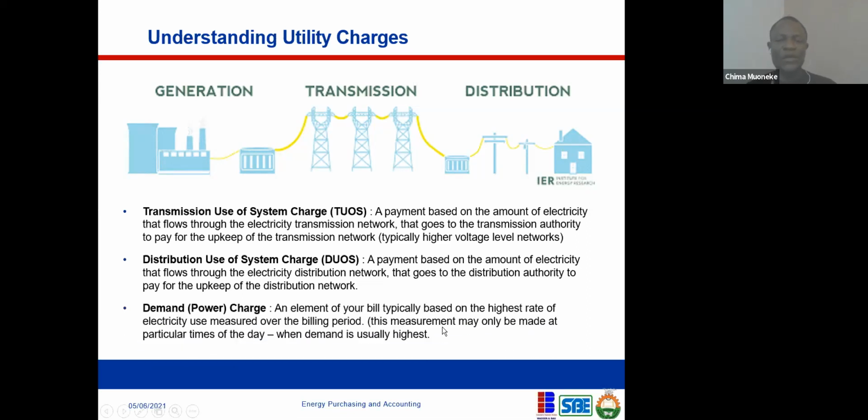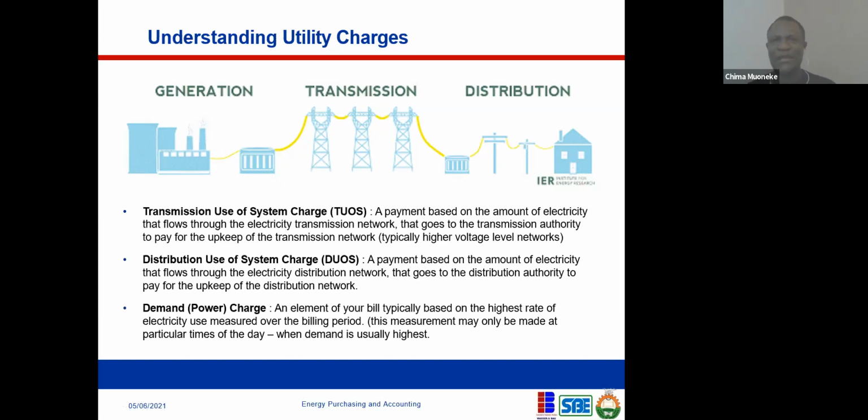So now we talk about demand charge. Investment in electricity is so huge. It's not a small investment. For the fact that you flip the switch and the light comes on, there is a lot of capital investment that enables that to happen. And they don't want you to use this electricity anyhow.